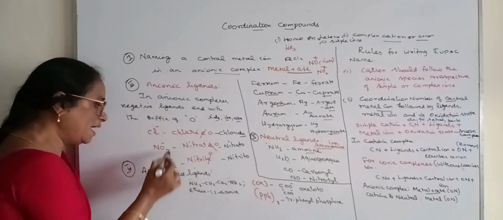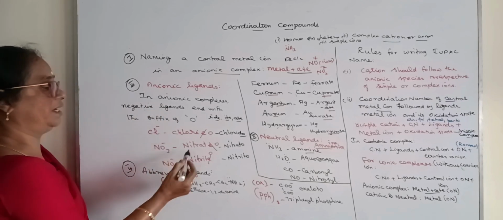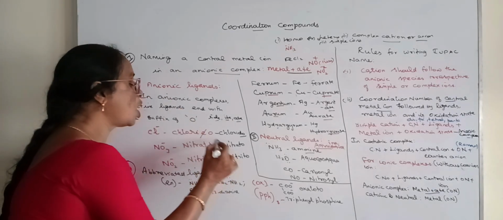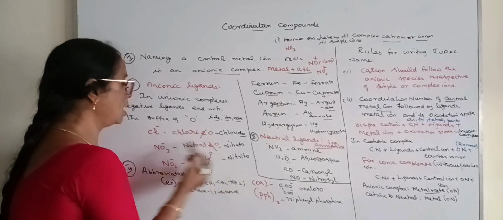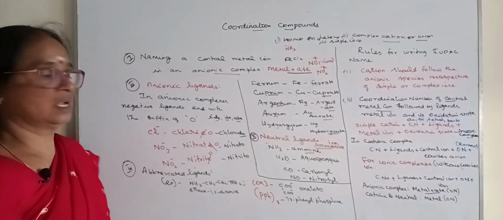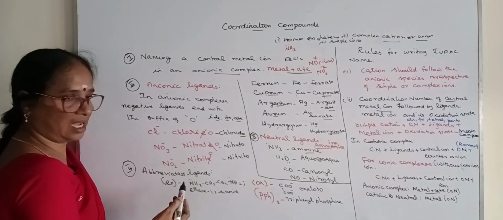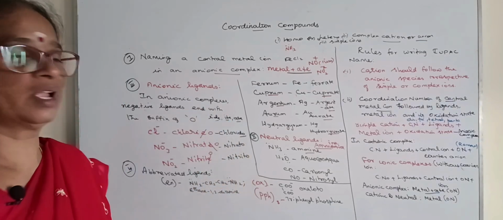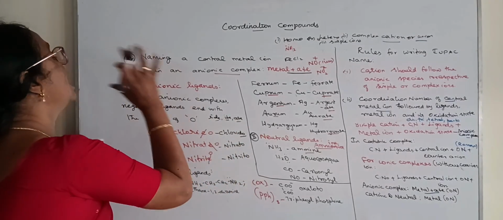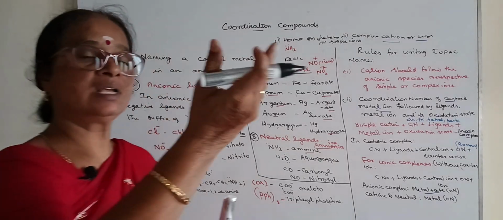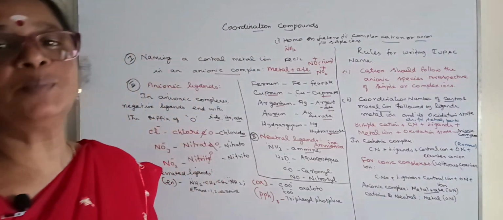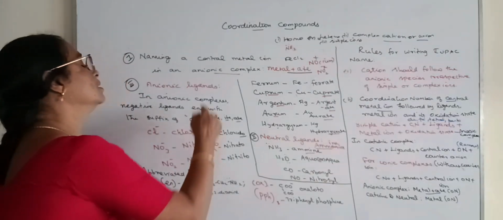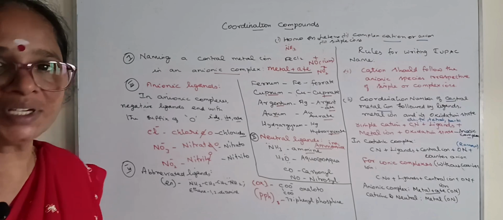If I have the nitrate ligand, NO3 minus, the name of the radical is nitrate, where the e is dropped and replaced by o, so the ligand is nitrato. Similarly, nitrite becomes nitrito. Sulfate, sulfato; carbonate, carbonato. If the ligands are negative, you should add the o suffix to the end of the name.